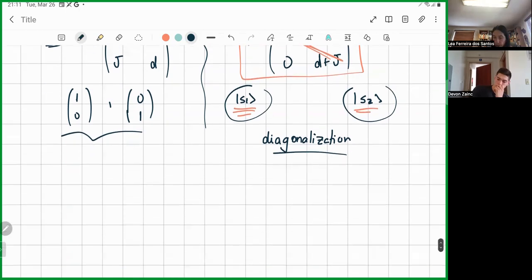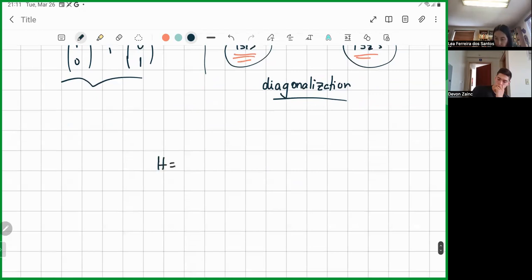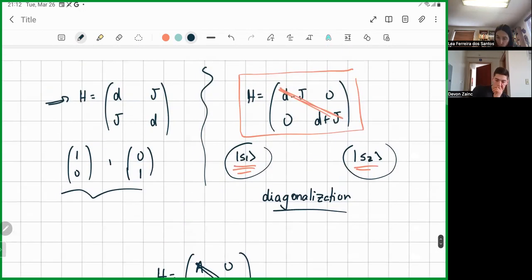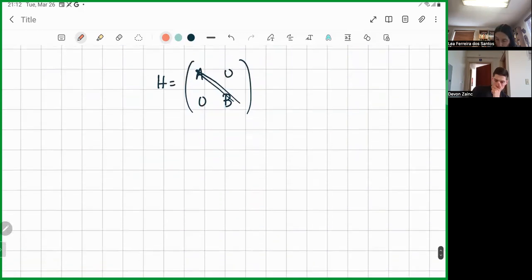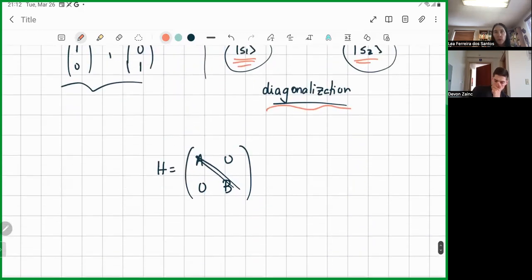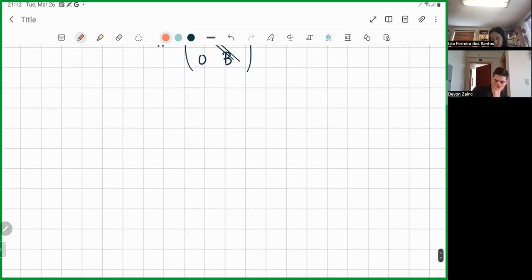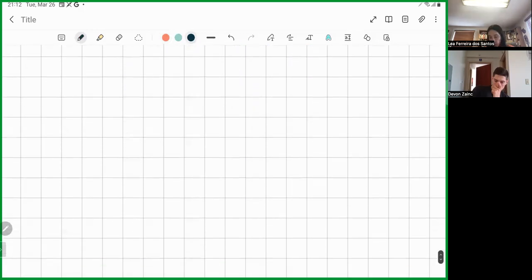So whenever you have a Hamiltonian that is already diagonal, let me put here A, B, well, you don't need to do anything. The eigenvalues are just A and B. It's only when there are elements in the off-diagonal that you have to do this whole procedure called diagonalization to find the eigenvalues. Okay, all right, so let me just continue. I don't know if I'm talking too fast. It's all being recorded.